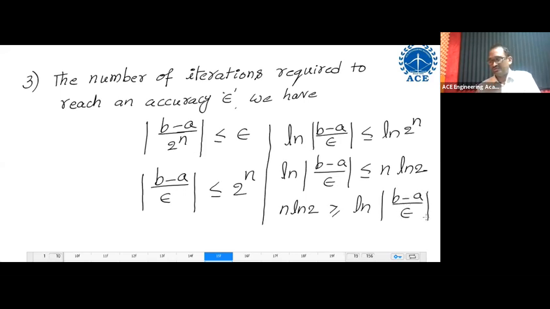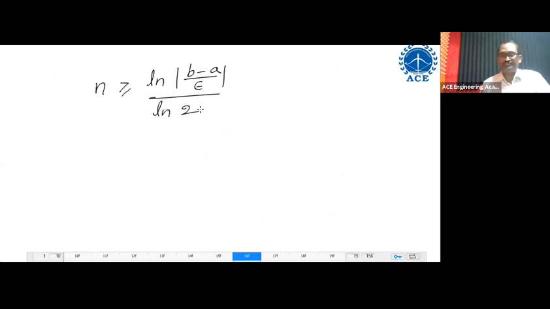We need the n value, so ln 2 goes to the right side denominator. n is greater than or equal to ln of (b minus a) by epsilon, divided by ln 2. You can write modulus or directly write brackets. Both are correct.